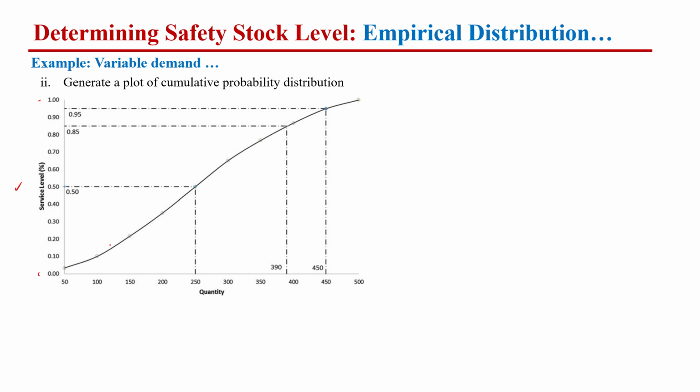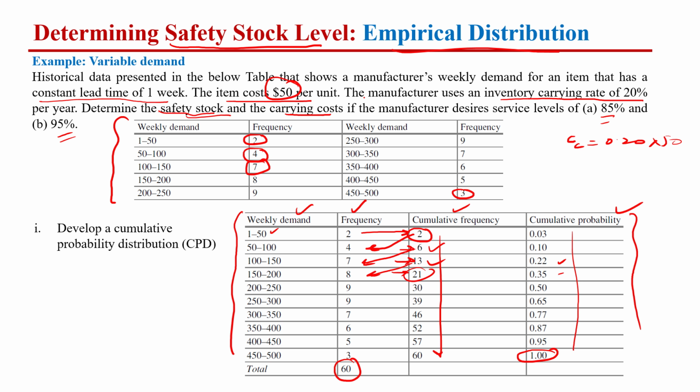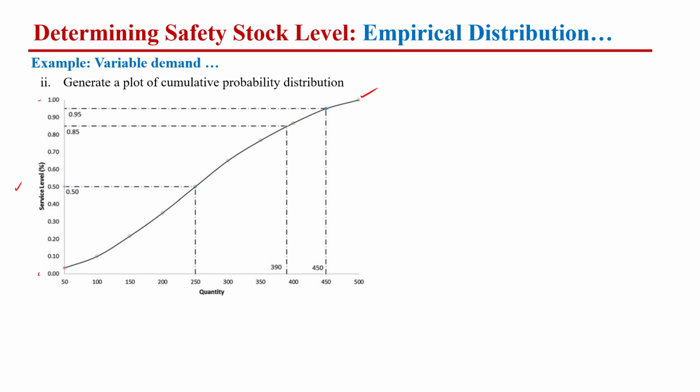This line indicates the cumulative probability: against 50 we have a cumulative probability of 3%, against 100 we have 10%, against 150 we have 22%. These dots indicate those percentages.